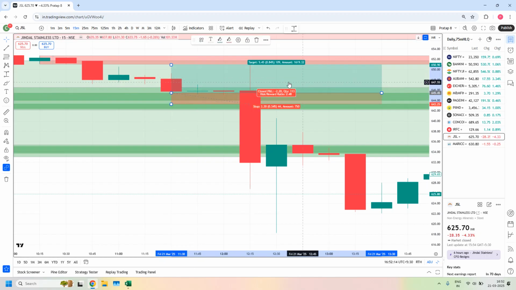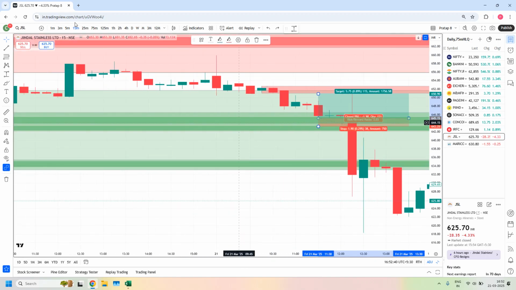What is the RR you are getting? 1:2.48. Similar to Nifty, what we discussed in Nifty, the same thing also happened here. You are not getting the RR. To get the RR, what am I doing? Taking an entry a little inside until I get 1:3 RR. See, now I adjusted up to this area. Now I am getting 1:3 RR till this 15 minutes target zone.